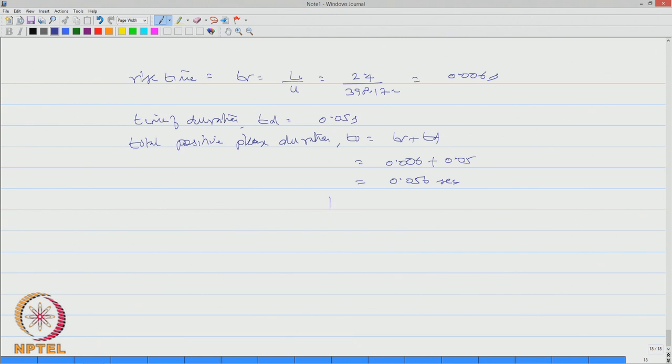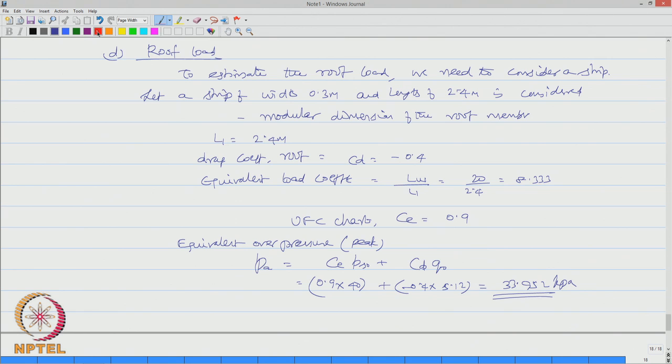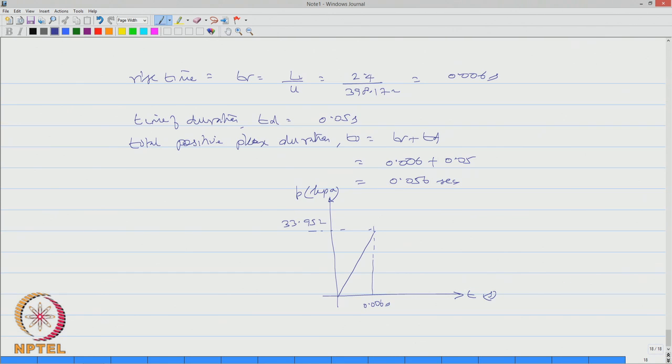Let us try to plot this on a pressure time curve. So, it rises at 0.006 seconds and the value is about 33.952, which you can see from here, and then it drops off and that becomes 0.056 seconds.